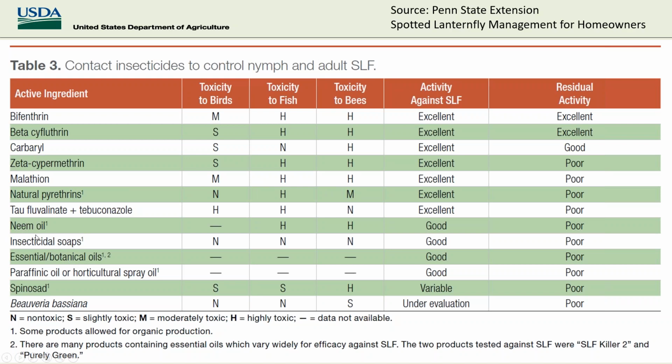With some soft products like neem, insecticidal soaps, botanical oils, even spinosad, you get control, but it's not very good. But there are a lot of different chemicals that can be used. Bifenthrin is a key one, and that has excellent longevity.